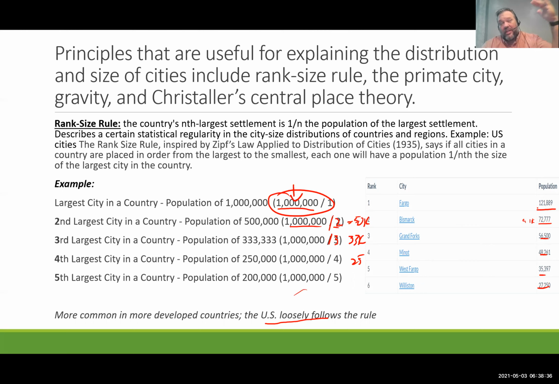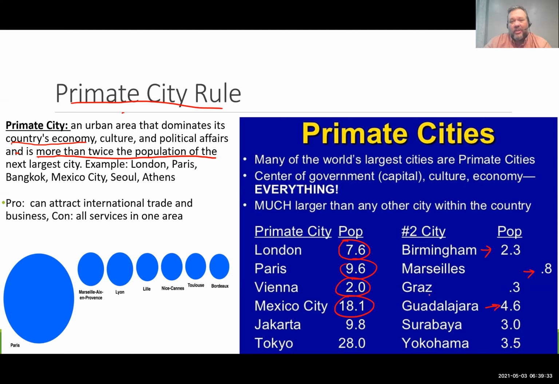Here are some examples. In Europe, we've got London with 7.6 million, and the next biggest is just 2.3. Paris, 9.6 million people, and then 0.8 million in the second biggest. And you can see Mexico City, 18.1 million people. Guadalajara is the next biggest city at 4.6, so about a fourth the size. And that's what they mean by primate city.